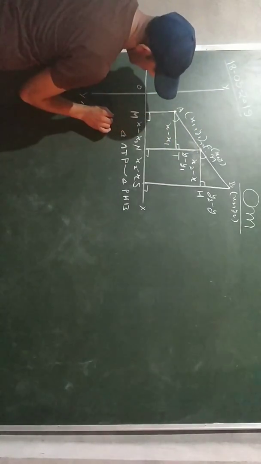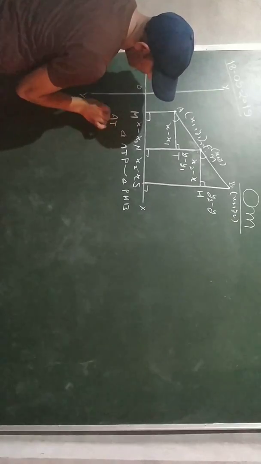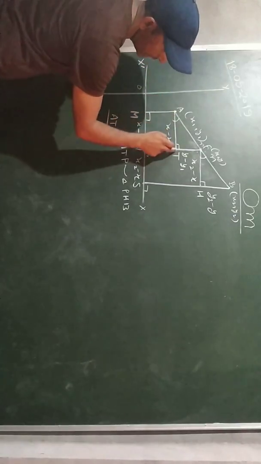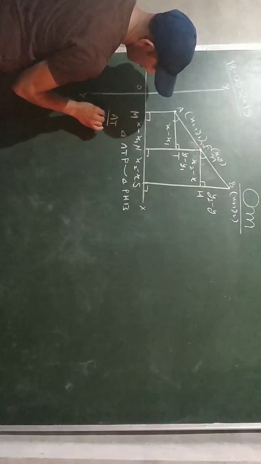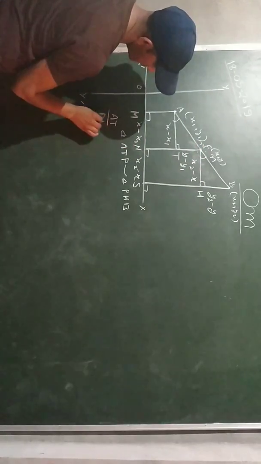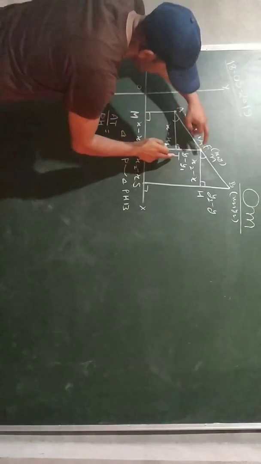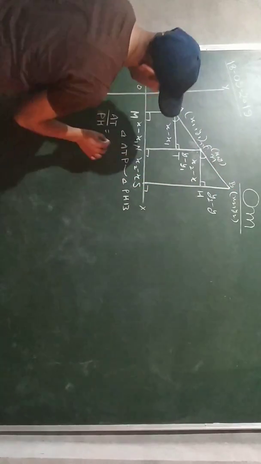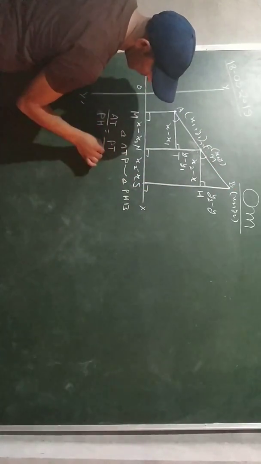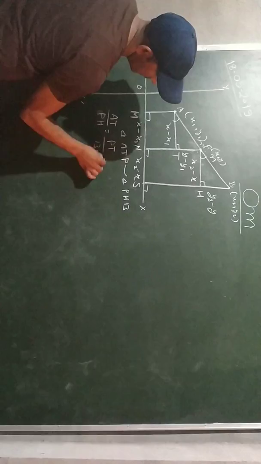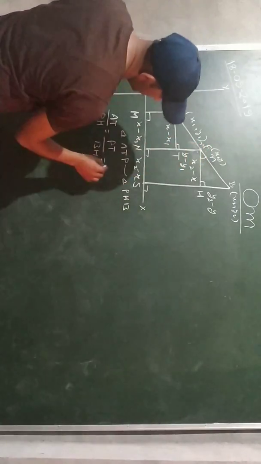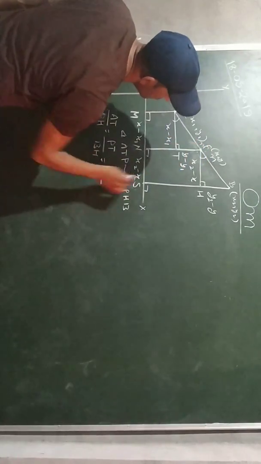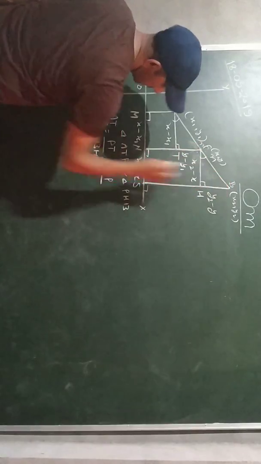So AT upon PH will be equal to PT upon BH, and the third side ratio is AP upon PB.